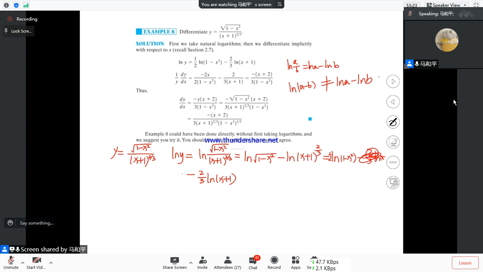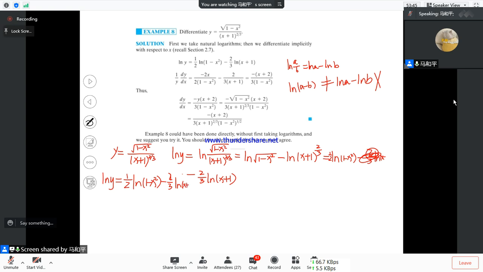Okay, this is wrong. So here we have ln y is equal to 1 over 2 ln 1 minus x squared, minus 2 over 3 ln x plus 1.